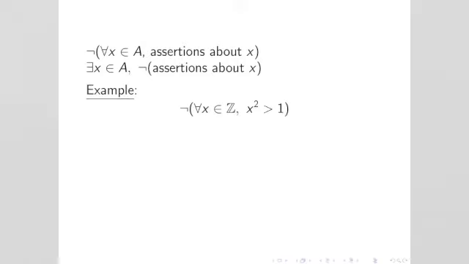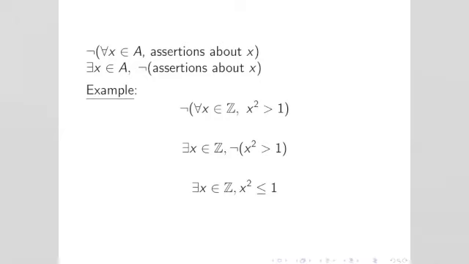The statement in parentheses here says for every integer x, x squared is greater than 1. We know that's not true because there exists an integer x so that it is not true that x squared is greater than 1. That is, there exists an integer x so that x squared is less than or equal to 1.